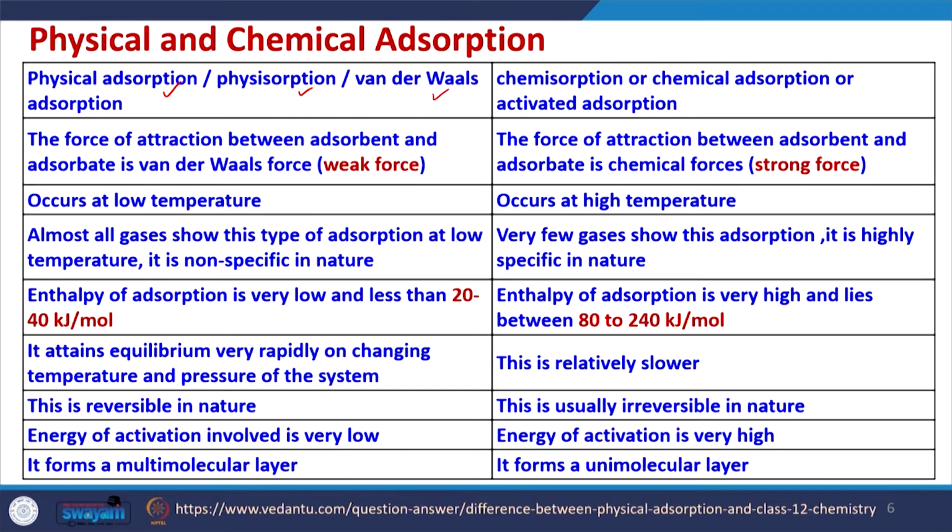Similarly, chemisorption, chemical adsorption or activated adsorption, is also possible. Both have different mechanisms and different features which are compared here. The van der Waals force of attraction is a weaker force, that means the force of attraction between adsorbent and adsorbate is weaker in physisorption, or physical adsorption.